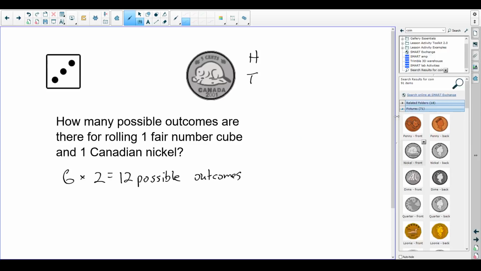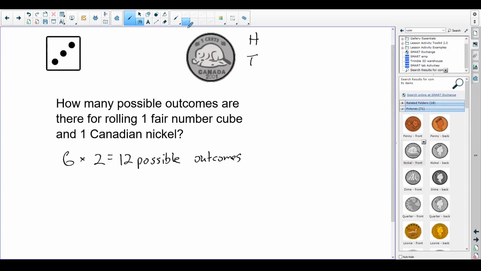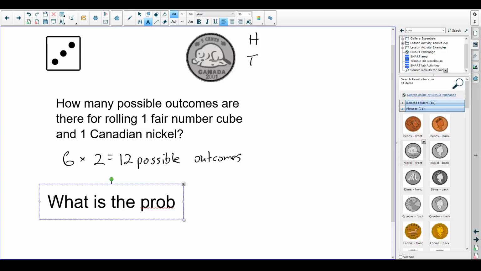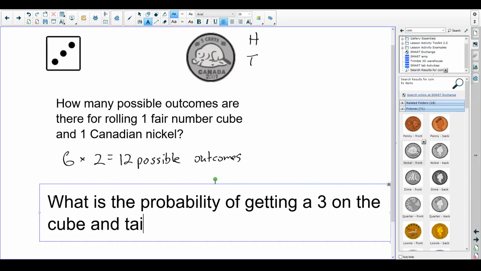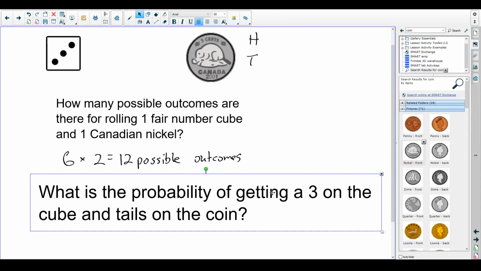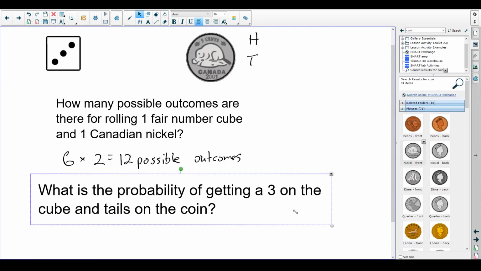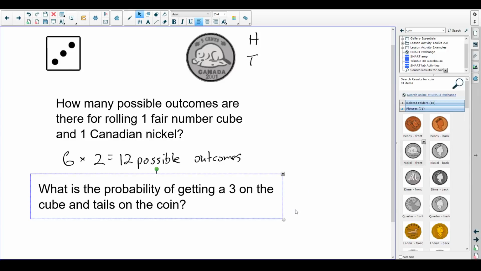Alright, what if we went further with this one? What is the probability of getting a 3 on the cube and tails on the coin? So of those 12 outcomes, how many of them have a 3 on the cube and tails on the coin? That one would be a fraction.